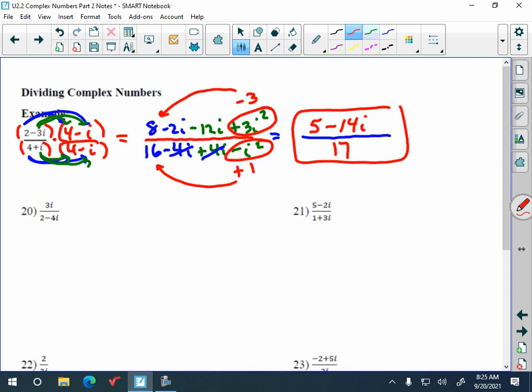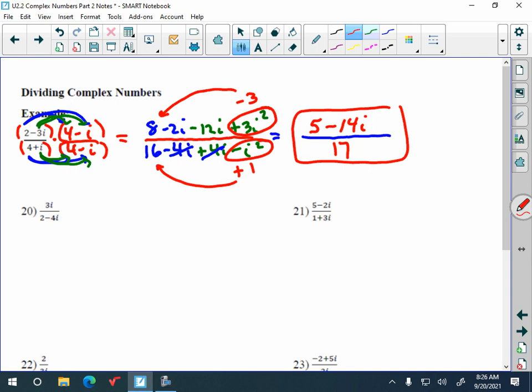That gives you your negative i squared, which is then just change to plus 1. The middle term is going to cancel out. So multiply the first term together, multiply the last term together. That's really all you need for the bottom. And then you just simplify from there.